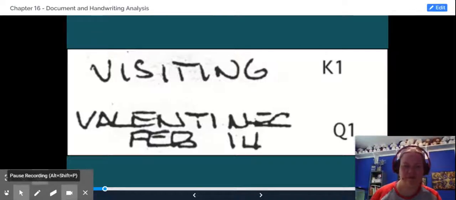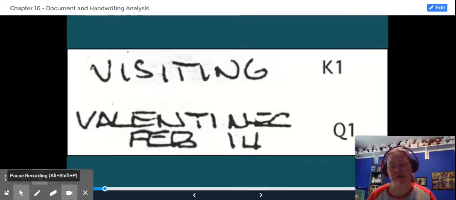All right, guys, I was just looking at my notes and looking at some other information here. This is just one sample of a particular document, and the examiner who analyzed these 2 documents believed that they were written by the same person.